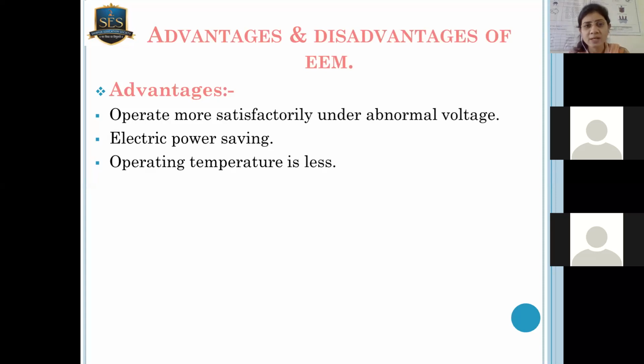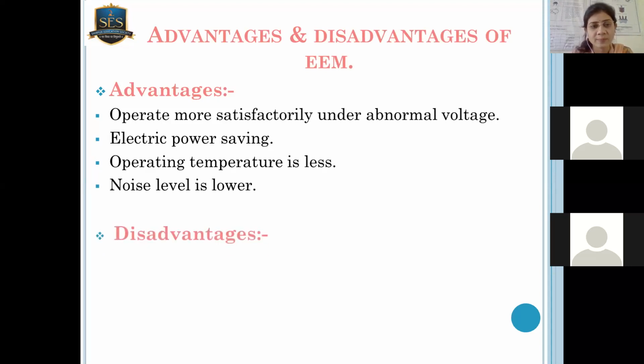But in normal conditions, these types of motors operate at lower temperature. Noise level is lower, obviously, because the bearings used are of high quality, so the noise level generated is lower.